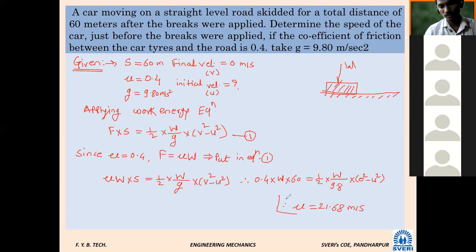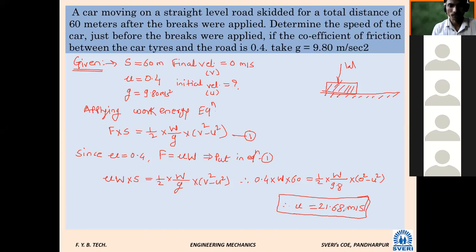This will be your answer. Here I have written mu, but it is actually U. So this is U, the initial velocity. By applying the work energy equation, U is equal to 21.68.